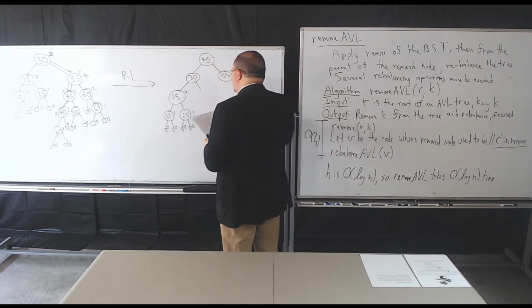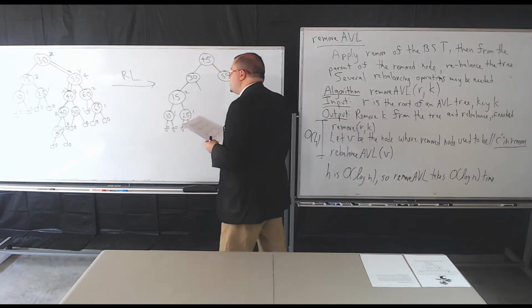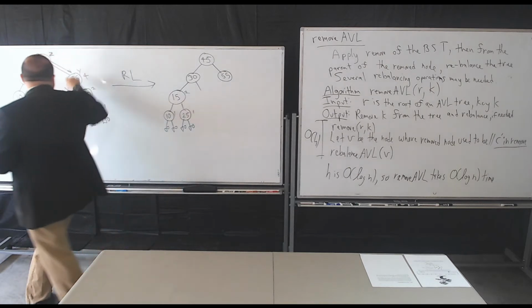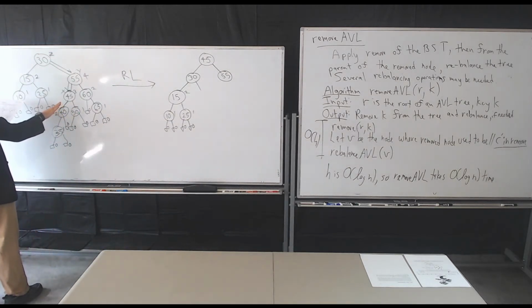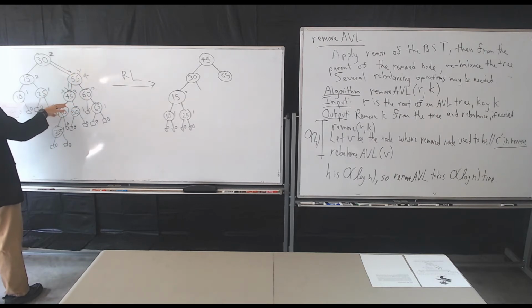Okay, how about on the right? Is there anything that happened over here? Well, when I promote X, the right subtree goes where? Where does it go? Okay, I promoted 45. So 45, then what would happen? 50 would go along with where? What happens to 50?